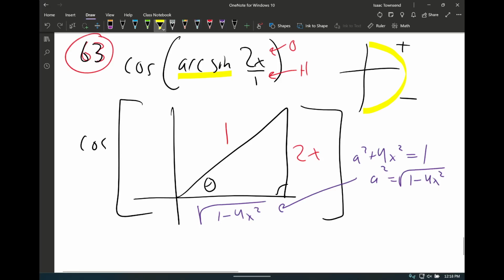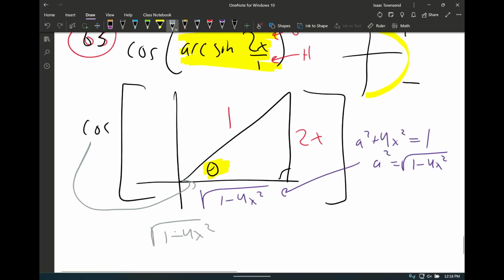And now, this stuff in the middle of the question is this angle. This is an angle that has a sine of 2x. The question wants you to answer what's the cosine of that angle. So now that I have the other side as well, cosine wants me to pair up adjacent over hypotenuse. So that would look like this or this.